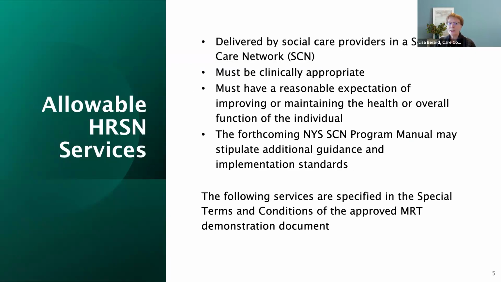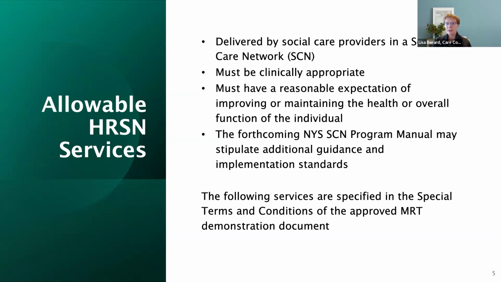The allowable services will be delivered by social care providers that are members of the social care network. As we stated, they must be clinically appropriate and have a reasonable expectation of improving or maintaining the health of the individual.